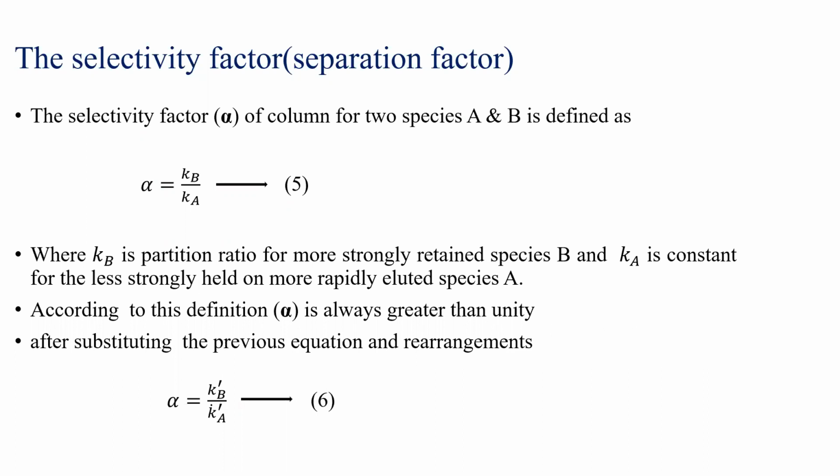The selectivity factor, represented by alpha, of a column for two species A and B is defined as alpha equals Kb divided by Ka, where Kb is the partition ratio for the more strongly retained species B and Ka is the partition ratio for the less strongly held and more rapidly eluted species A. According to this definition, alpha is always greater than unity. After substituting the previous equation and rearranging, alpha equals K dash B divided by K dash A.